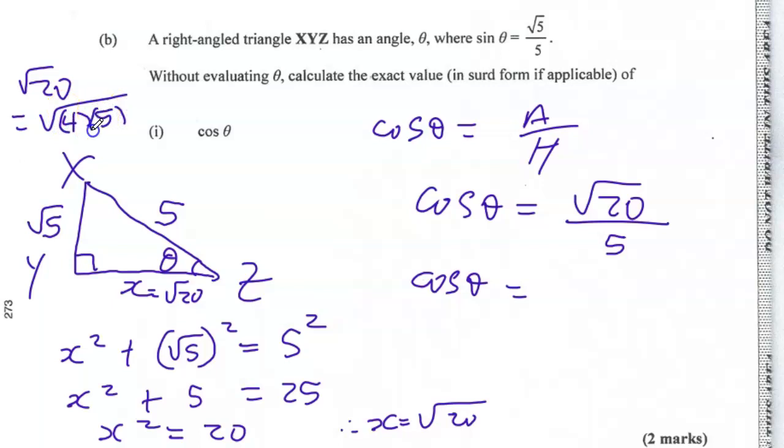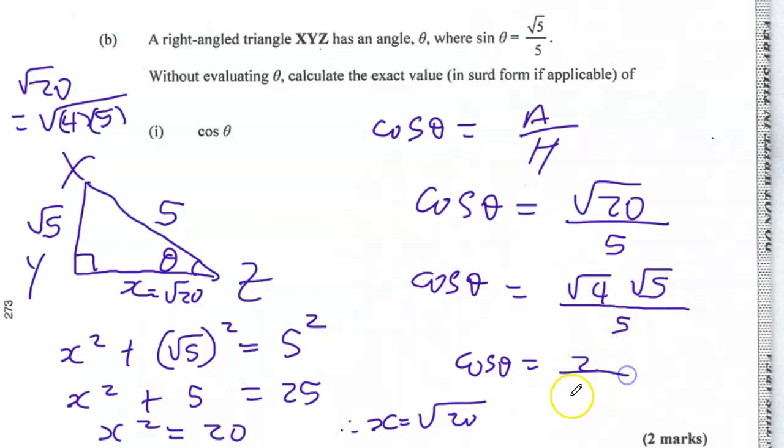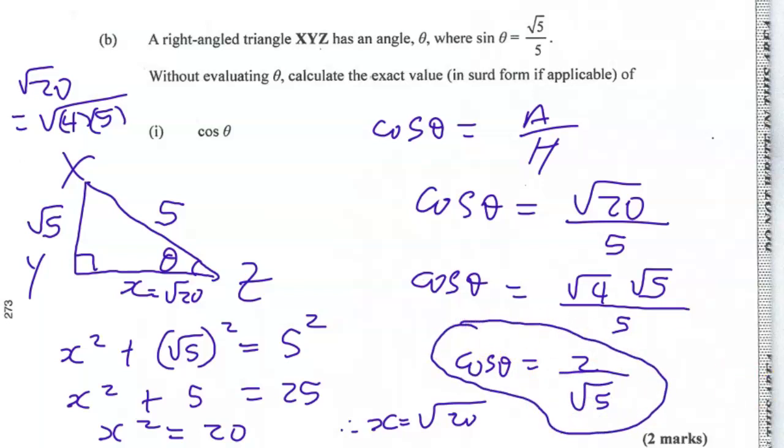So root 20 can be written as root 4 times root 5 all over 5. So root 4, that's 2, and root 5 into root 5, that's 1 over root 5, so 2 over root 5 would be your solution in surd form.